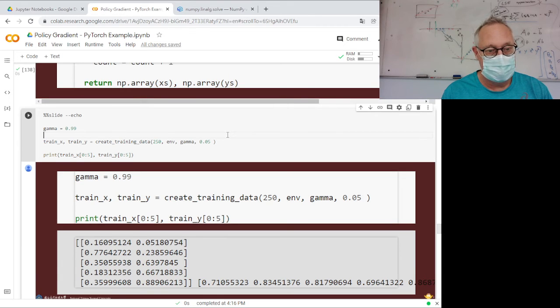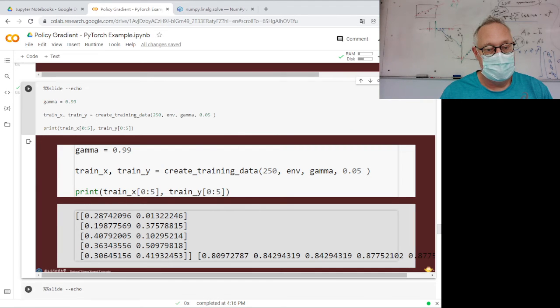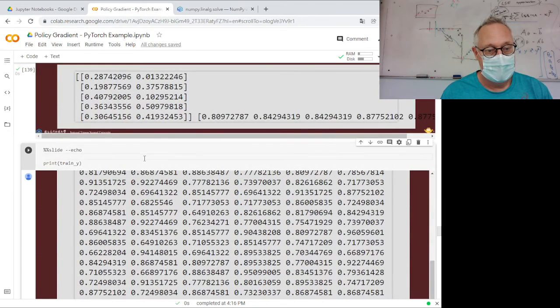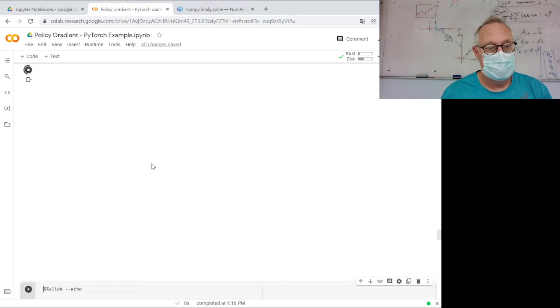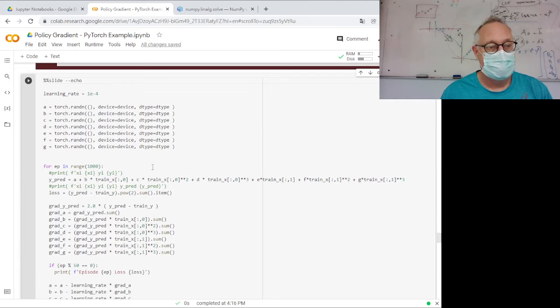First let me create the training data. So now I just generate 250 of them, and the output. And here's the actual PyTorch program.